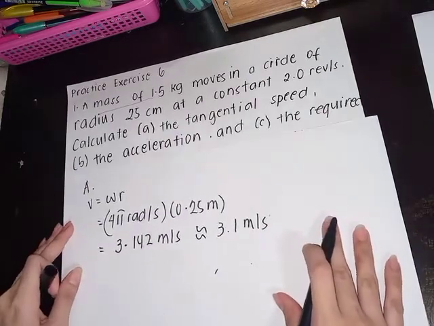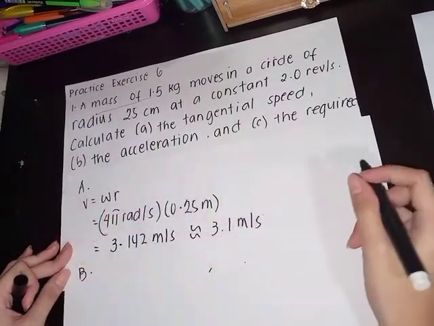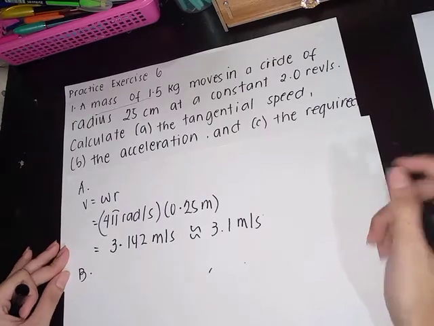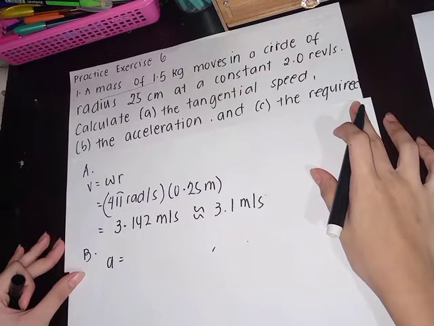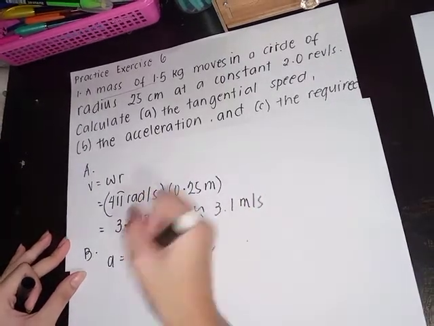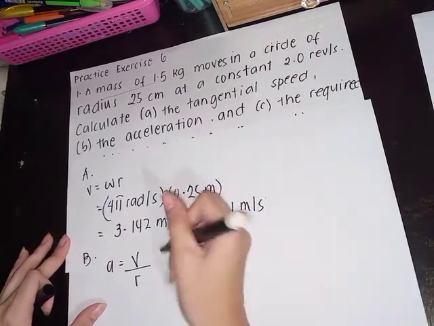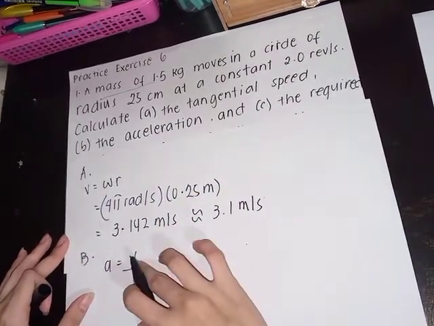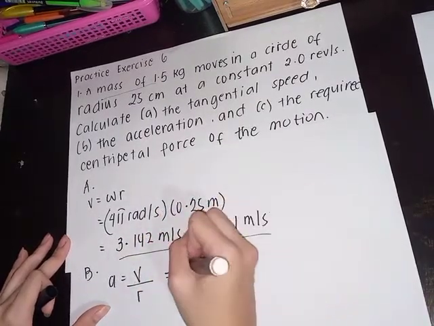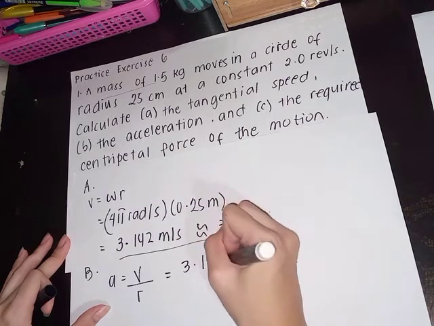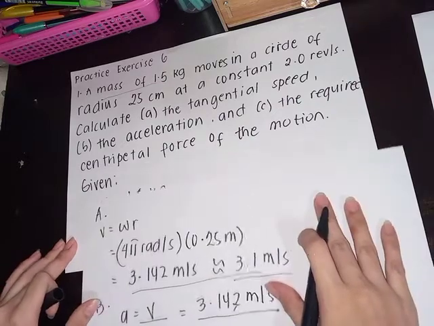So next thing we have to find is the acceleration. So the acceleration is the velocity over radius. So substitute the given, we have a velocity of 3.142 meter per second over the radius.